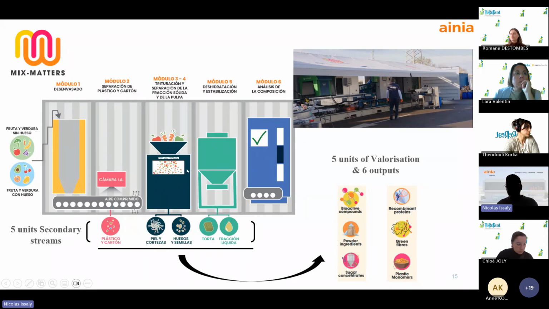We are able to automatically sort the plastic and the cardboard. And the second innovation is that at the end of the separation unit, we know exactly the composition of each of the secondary streams we are producing before deciding and sending them to the valorization hub.